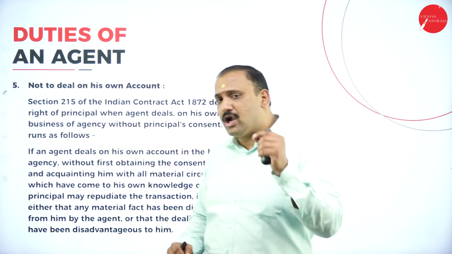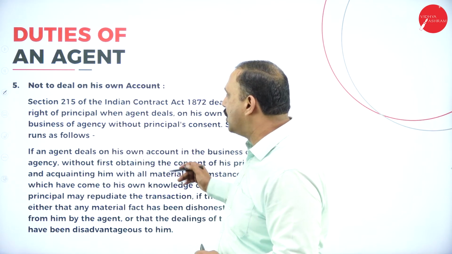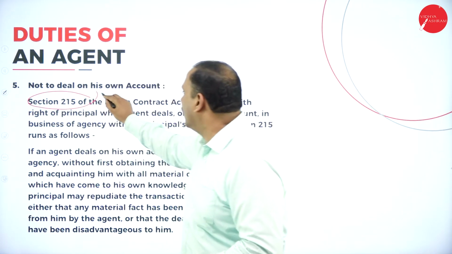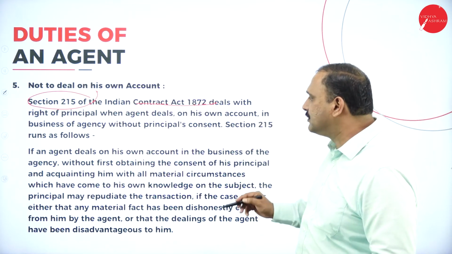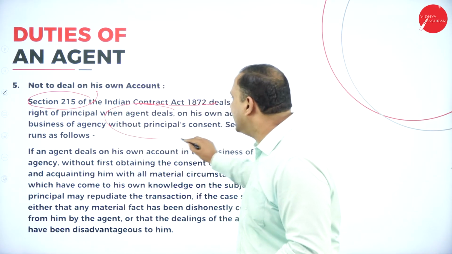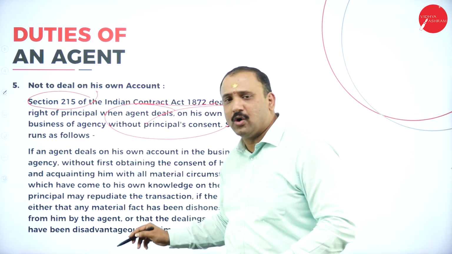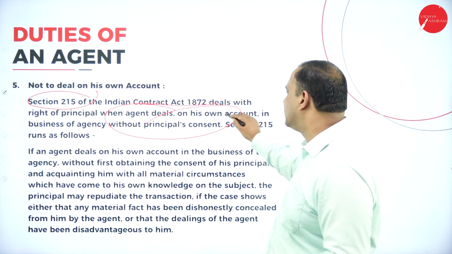Followed by not to deal on his own account. Section 215 of the Indian Contract Act 1872 deals with the right of the principal when the agent deals on his own account in the business of agency without the principal's consent.